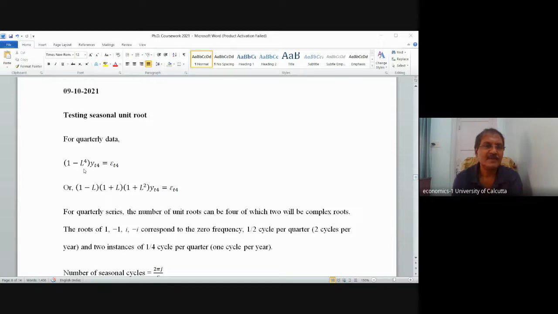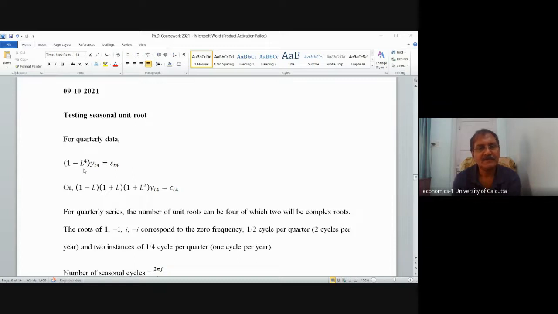Now the expression in terms of the lag operator L, 1 minus L to the power 4 here, is called the inverse autoregressive polynomial. So in the case of quarterly data, the inverse autoregressive polynomial will be of order 4.